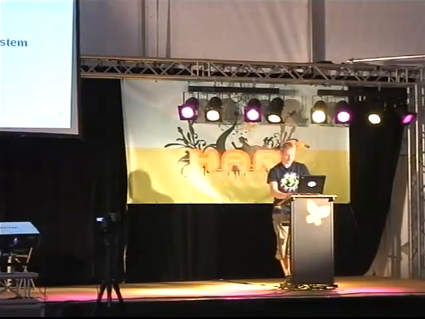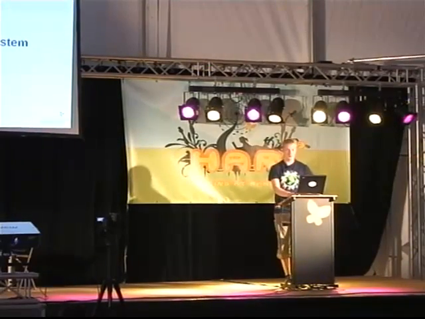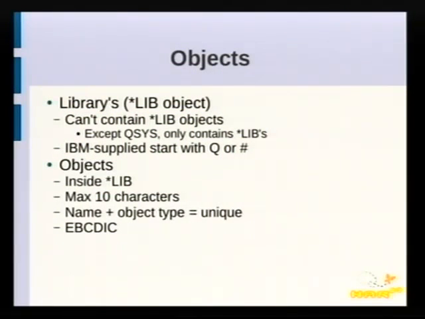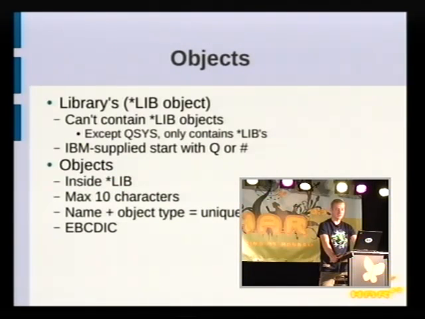Okay. So that's the basics of how a job is processed on the system and how it is started. So some other stuff. Everything on the system is actually an object, and there is a special type of object called a library, which contains all objects except other libraries.